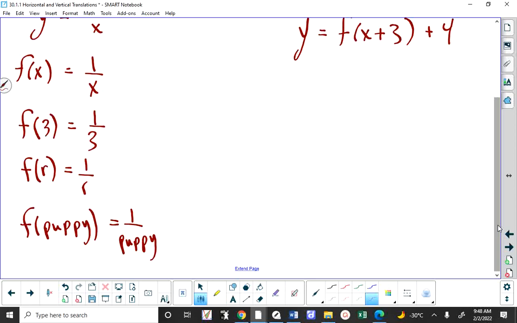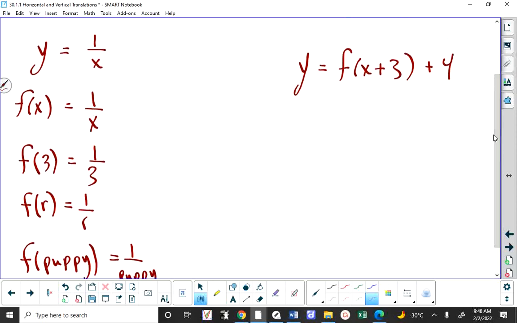Okay? So, look at what we wrote here on the right-hand side of the screen. We said the equation of this function, of any function that undergoes these transformations, is y equals f of x plus 3 plus 4. But if f of x is 1 over x, then this is 1 over x plus 3.